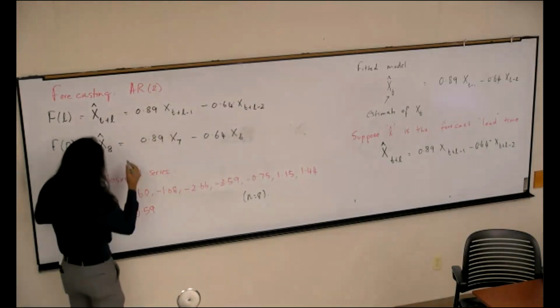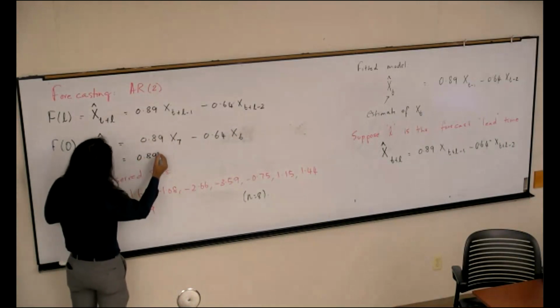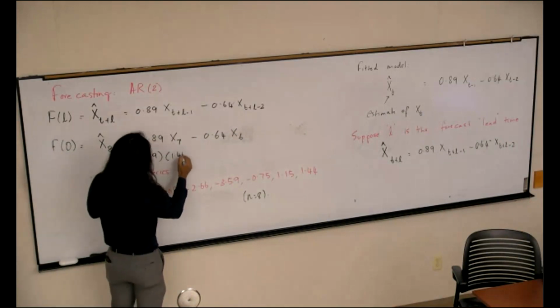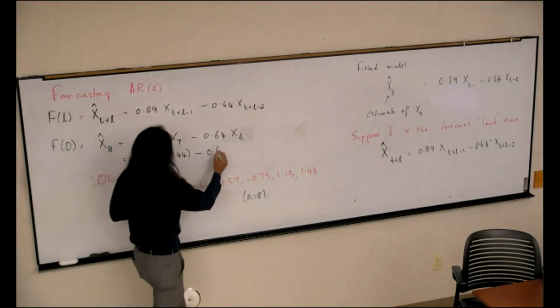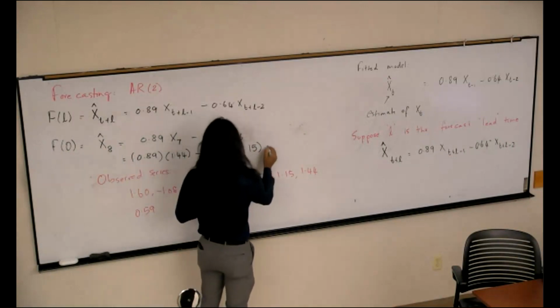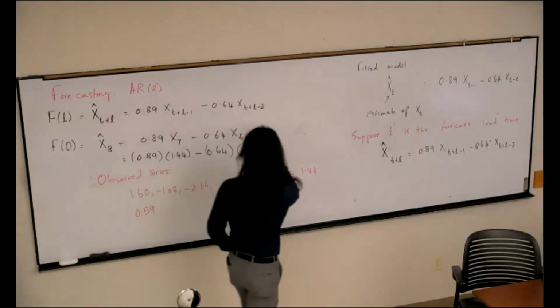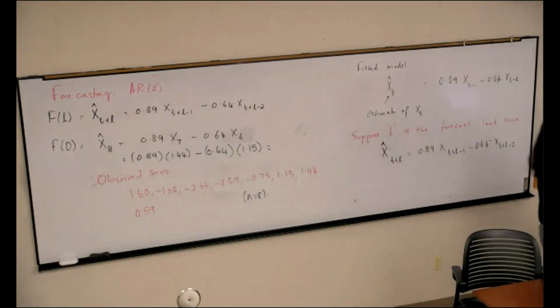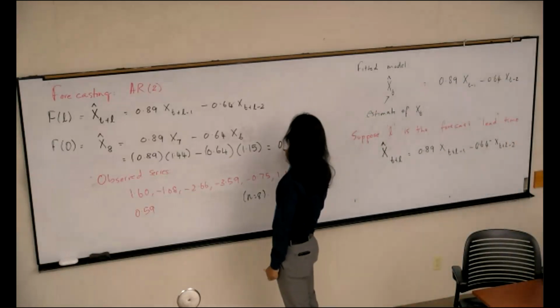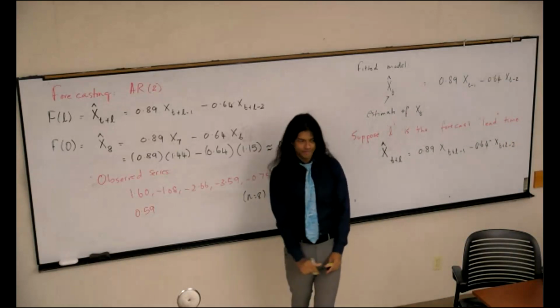Plug in the values: 0.89 times x7, 1.44, minus 0.64 times x6, 1.15, and what do we get? I end up getting 0.5456. I'm going to round it to 0.55.